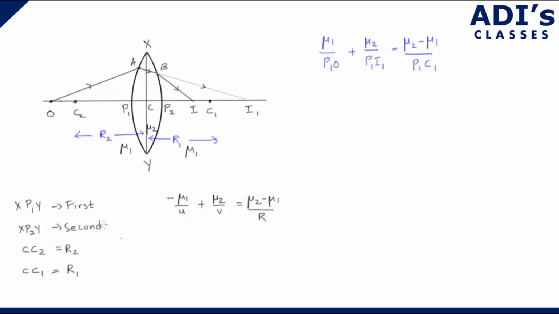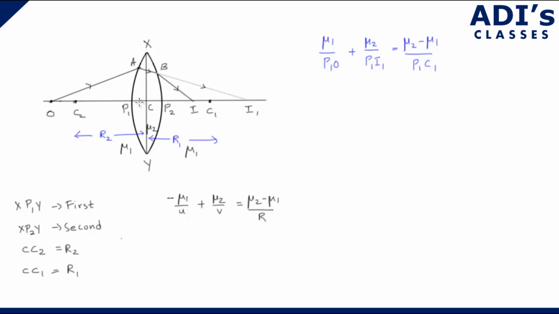The entire thing on the right side is just mu2. This is why we have the undeviated ray. Okay, so what we have is mu1 by P1O plus mu2 by P1I1, which is the image distance, is equal to mu2 minus mu1 divided by P1C1.